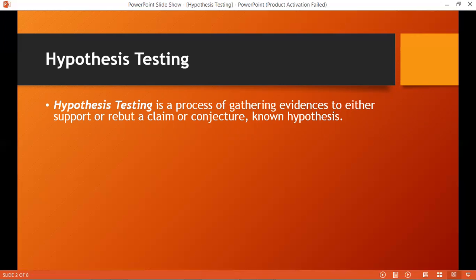Either you say, my grade in mathematics is 90, or you say, my grade in mathematics is less than or equal to 90. Parang ganoon yung hypothesis mo. So, ang hypothesis testing, this is the process wherein you will test whether your hypothesis is correct or not.